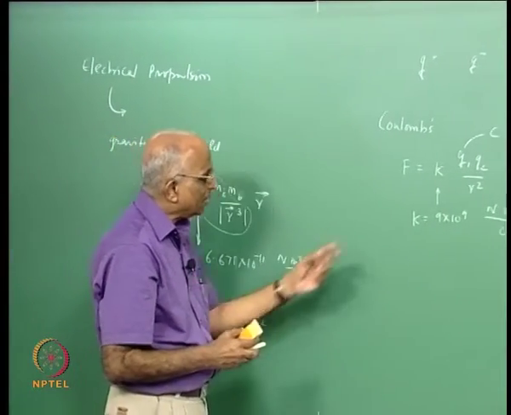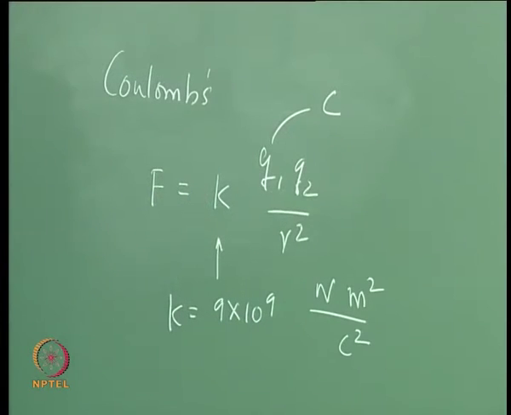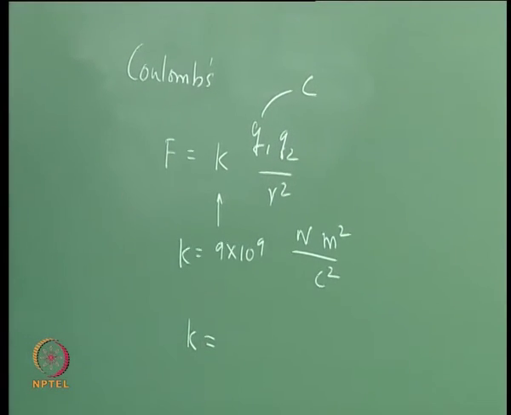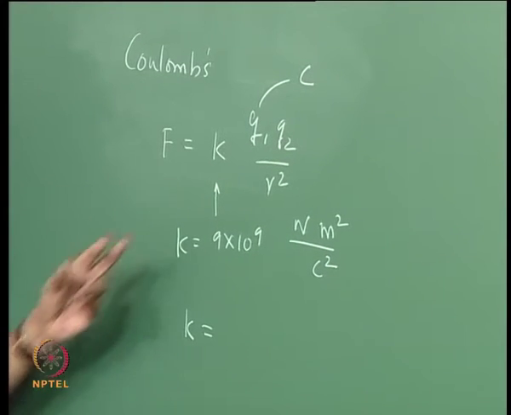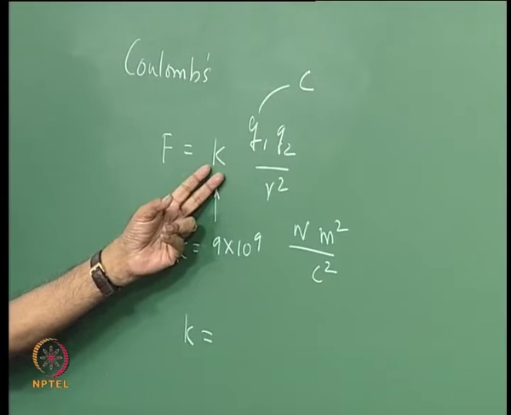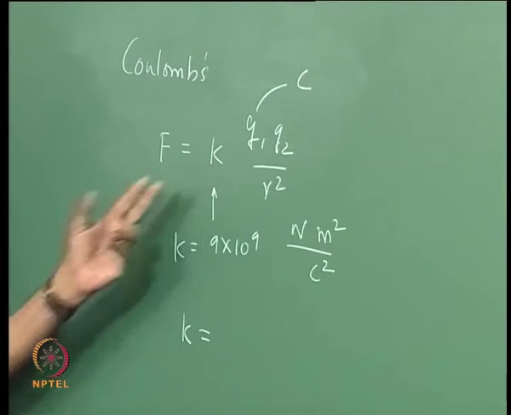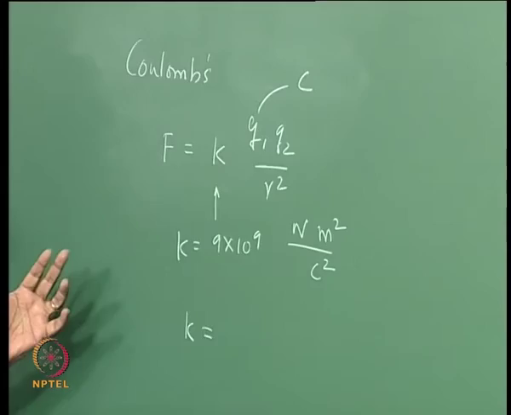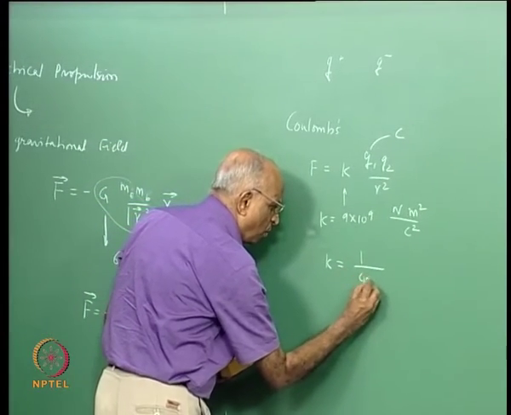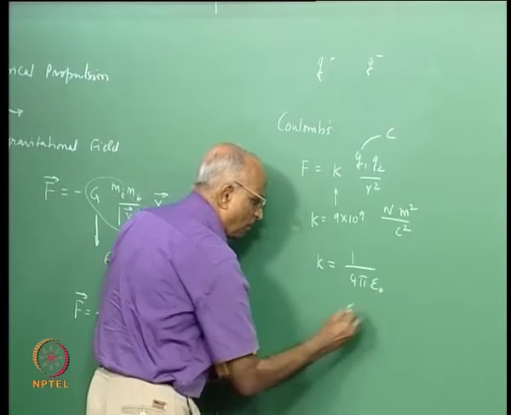Therefore, we look at this expression in a slightly different way, and people especially in physics try to express this constant in a way wherein the space can impart or hold charge. Rather, k is written as 1 over 4 pi epsilon 0.